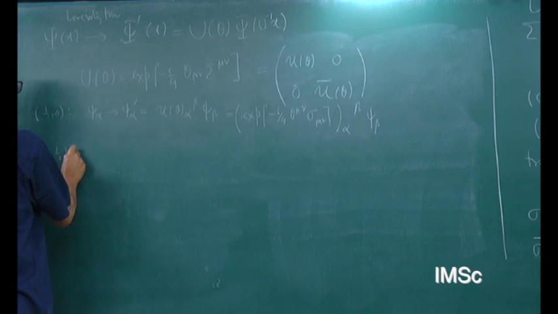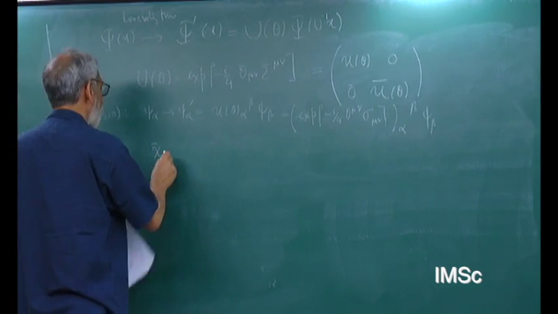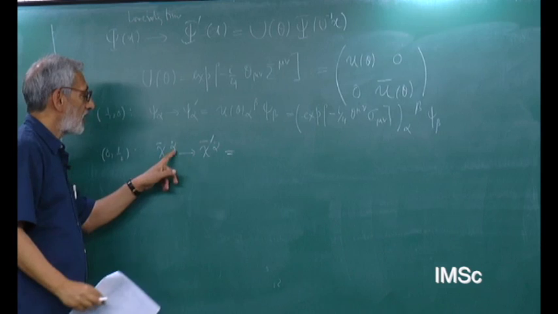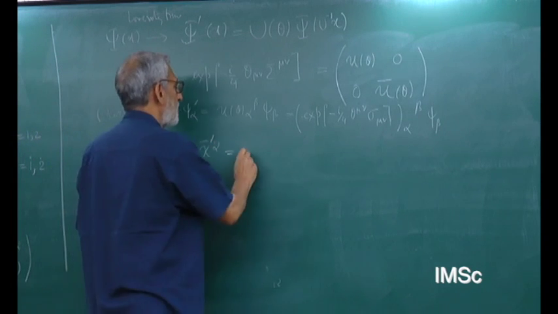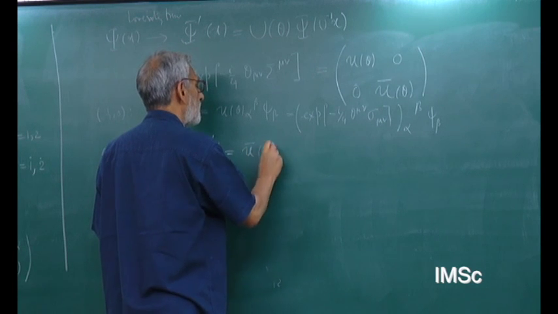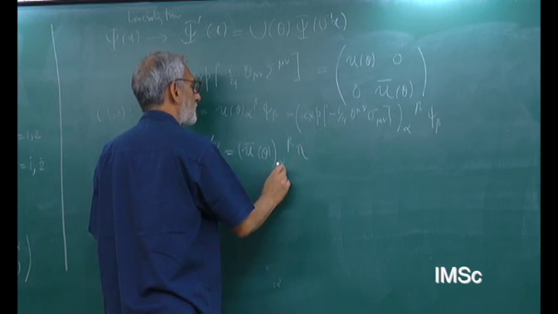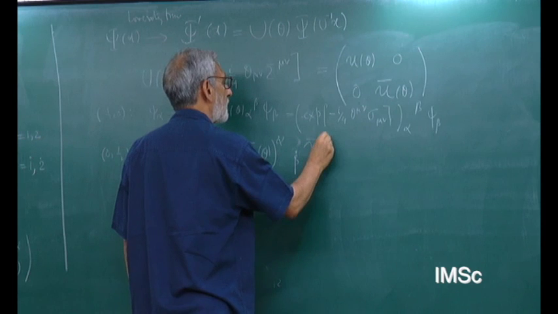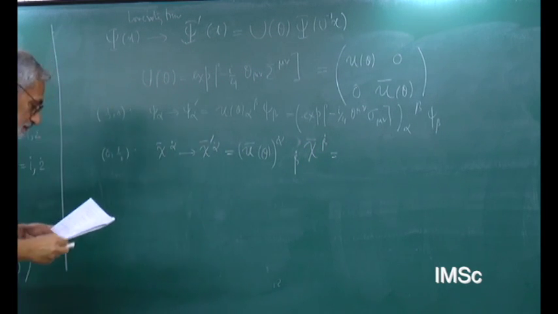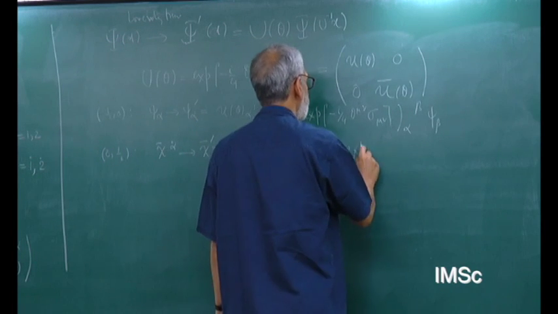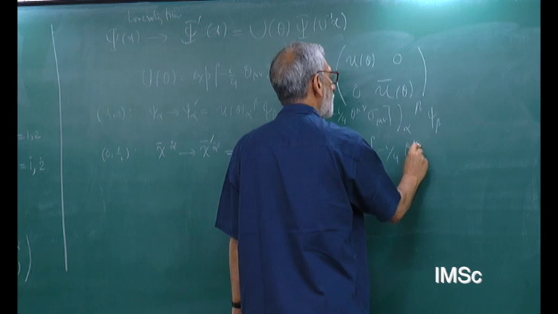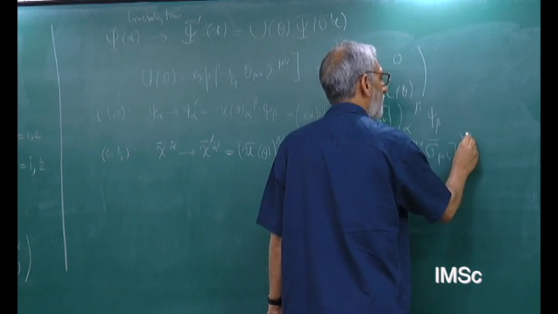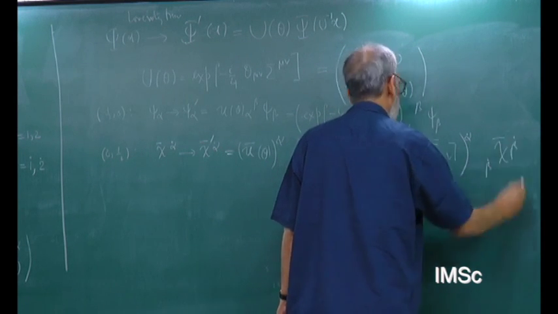And the lower two components of the Dirac fermion transform as chi bar alpha dot going to chi bar prime alpha dot, which is u bar of theta alpha dot beta dot chi bar beta dot, and that is the exponential of minus i by 4 theta mu nu sigma bar mu nu alpha dot beta dot chi bar beta dot.